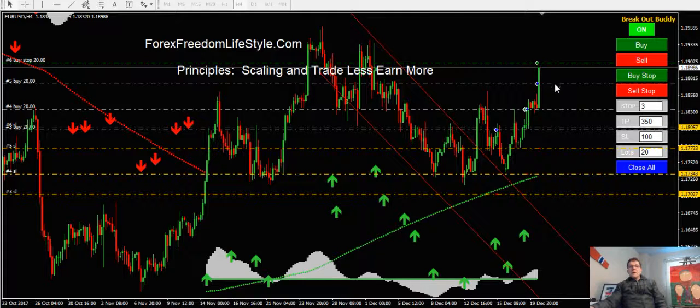We currently have 3 in and 1 resting buy stop. We enter them at incremental price points, and our take profit is 350. The buy stop is 3 pips. Stop loss is 100 pips. Lots is 20. So we take advantage of many of the principles taught, like scaling and trade less, earn more.